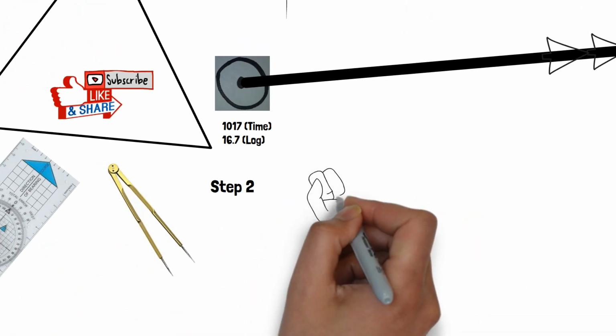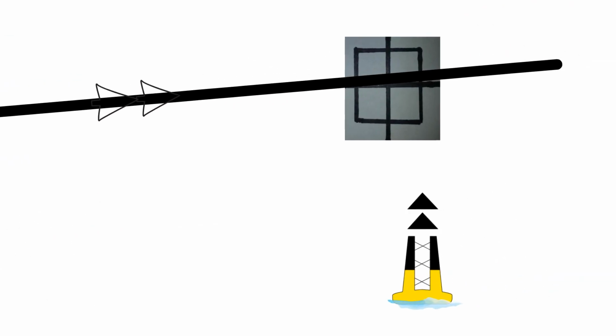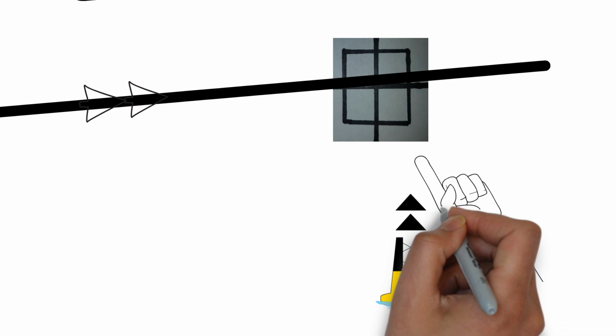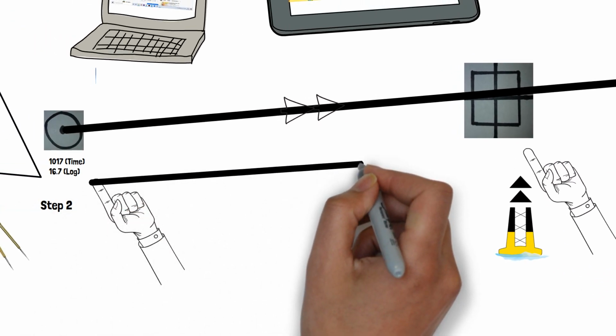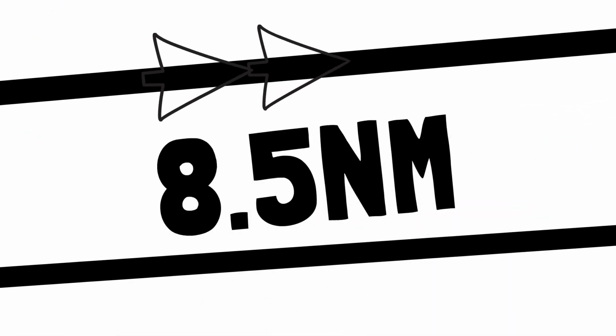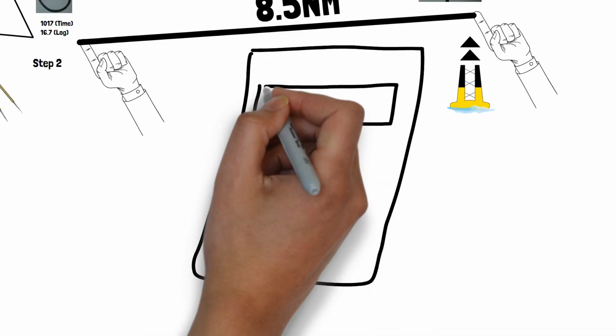Step 2. Approximately, how long will it take to travel from the fix to the destination? With my dividers, I measure 8.5 miles. If my boat speed is 9 knots, it would take me approximately 1 hour to travel there.